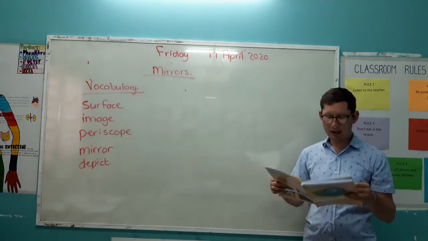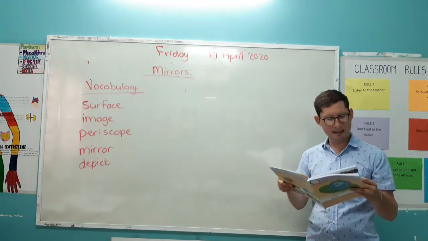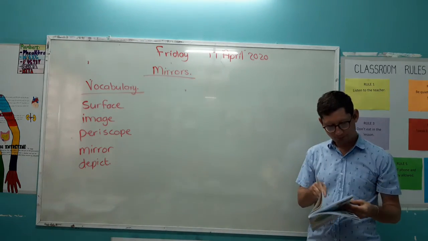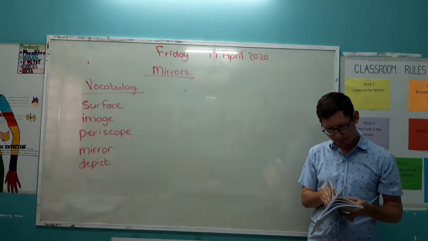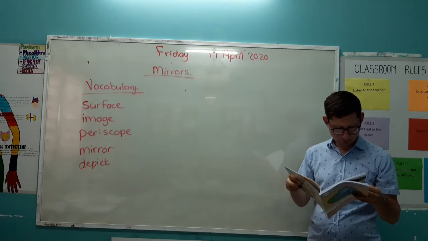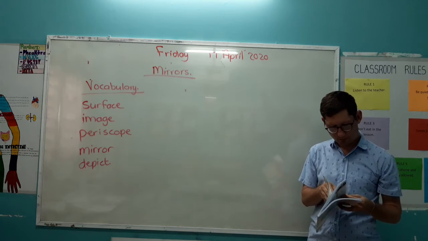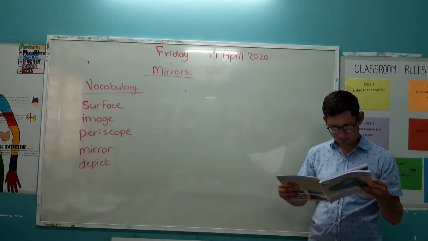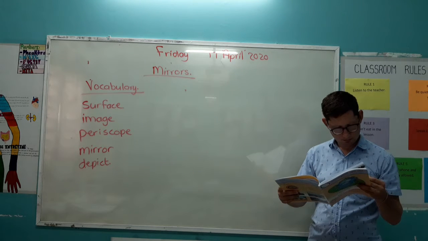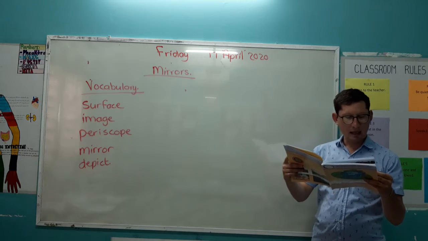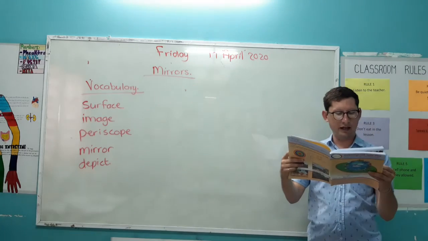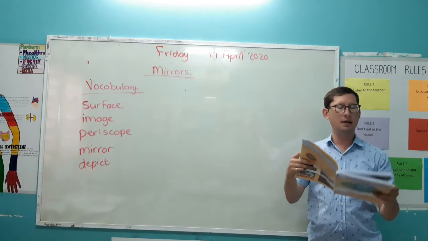The next one would be image. Let's see what they say about image. Image: a picture of the object that you can see on a screen or in a mirror.